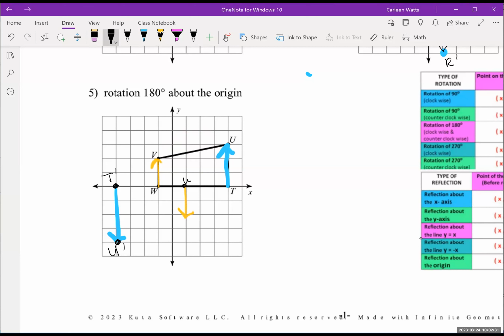This is W prime, and this is V prime. To be honest, some of my students see it and some of them don't. In the end, the ones that can't just see it are comfortable with the chart.